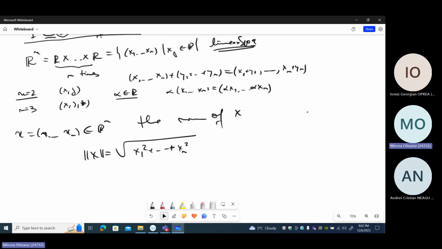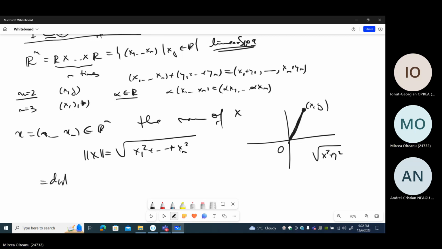And it represents, for example, if we are in the plane, if this is the point of coordinates (x, y), then the square root of x squared plus y squared is exactly the distance from the origin to this point. We know this from elementary geometry, yes? So actually, this is the distance from 0, where 0 means the zero vector, to x, which is (x1, ..., xn).